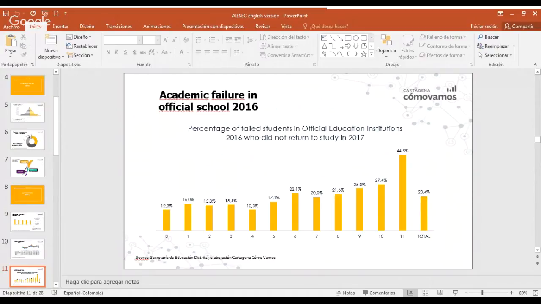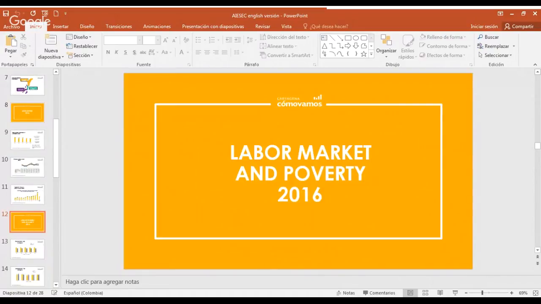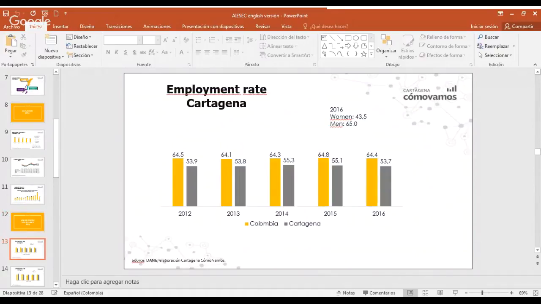2017. Now we are going to talk about the labor market and poverty in Cartagena in 2016. We can find that the employment rate in Cartagena last year was 64.4, and that the rate was above the national average, which was 53.7.